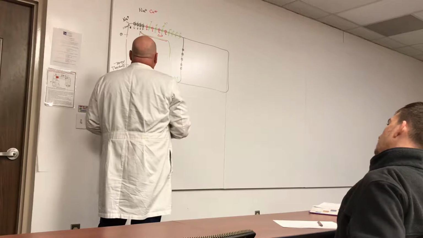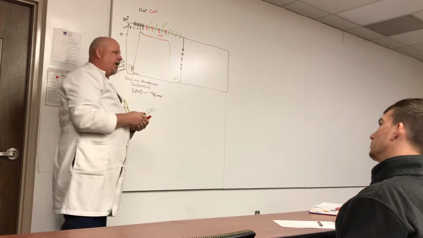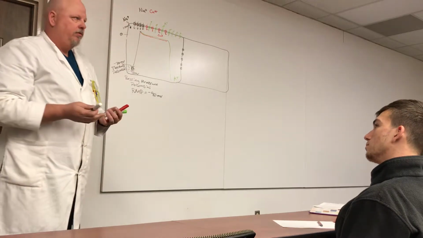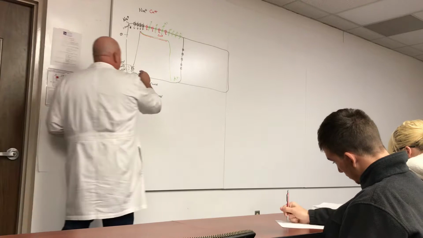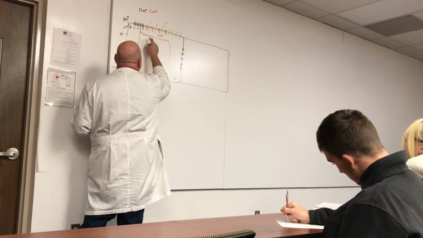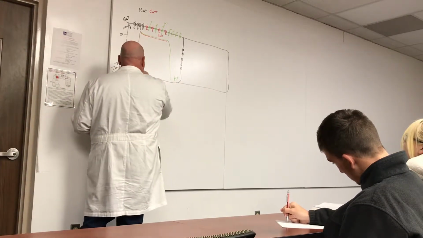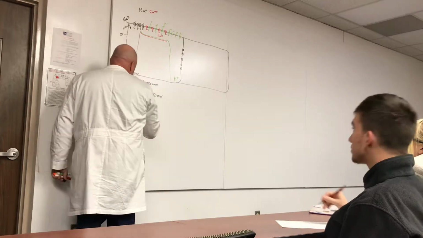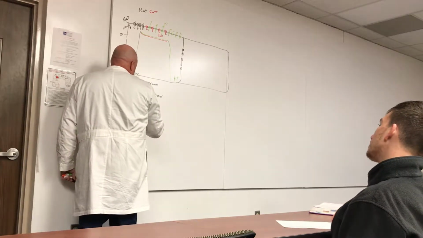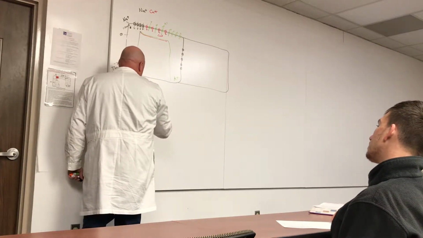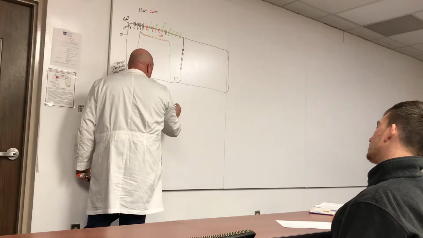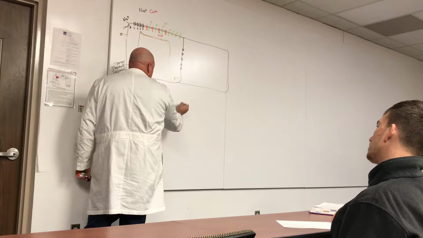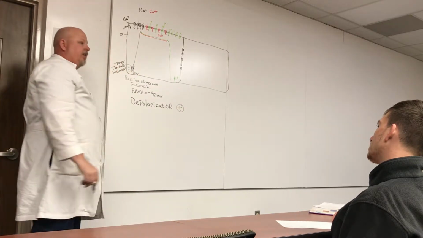All right, so now, I said before that minus 90 millivolts is polar, right? You guys remember that? So if I'm bringing this up towards 0, what am I doing to the inside of the cell if this is polar? We are depolarizing. Okay?